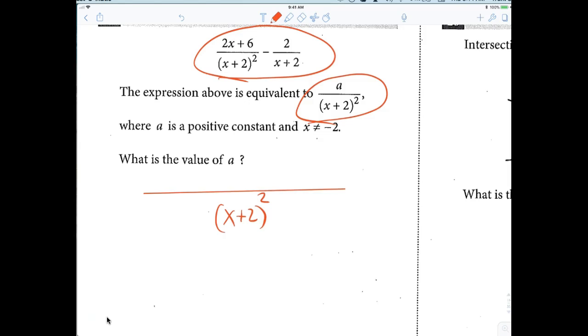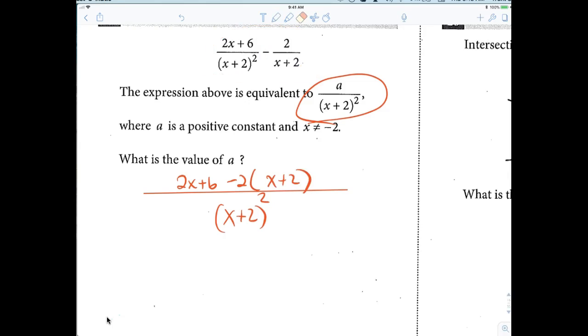Now, if that's true, do I have to do anything to the first fraction? No, that's just 2x plus 6 minus 2 times, what did I have to do to that fraction? Multiply it by x plus 2 because I have to get a common denominator, right?